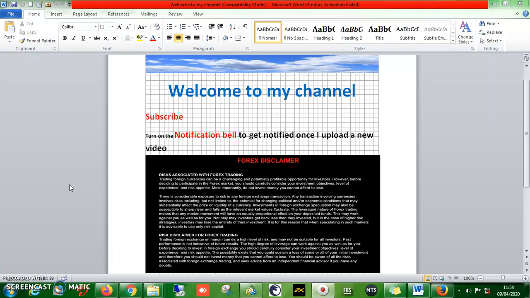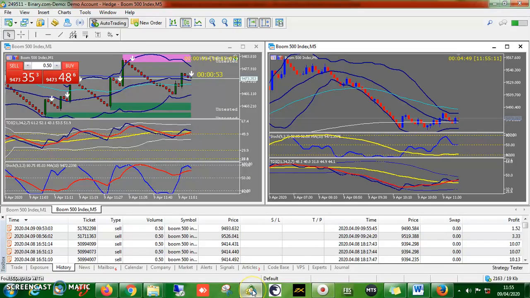These indicators that I'm giving out for free all work perfectly for both volatility pairs and currency pairs. I'm not charging anybody anything for these indicators. These indicators are totally free.